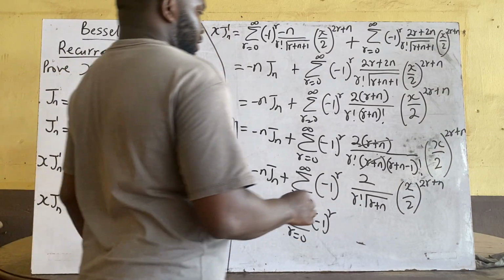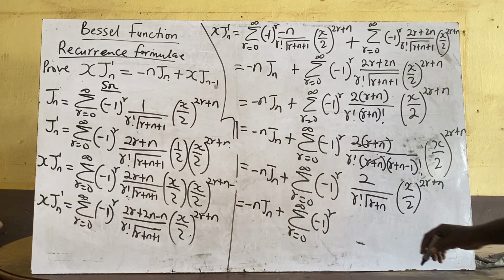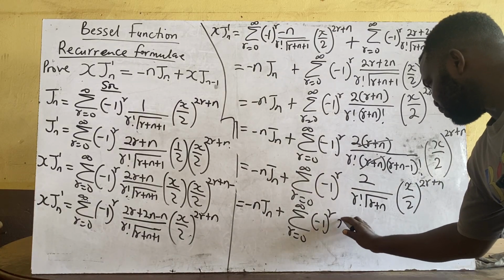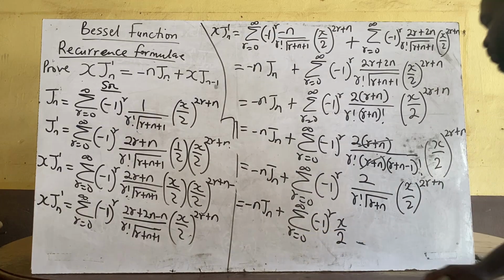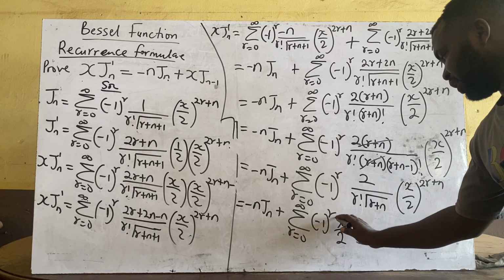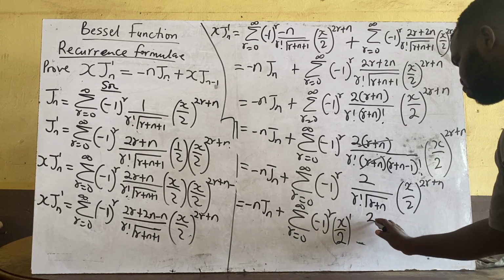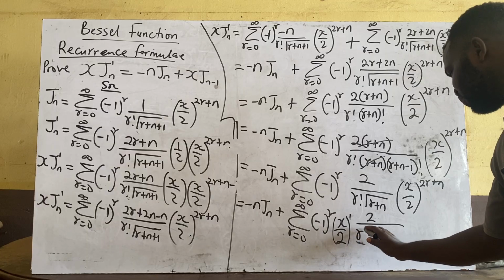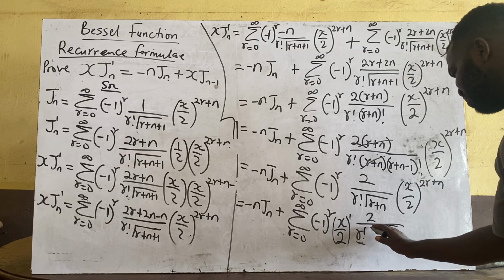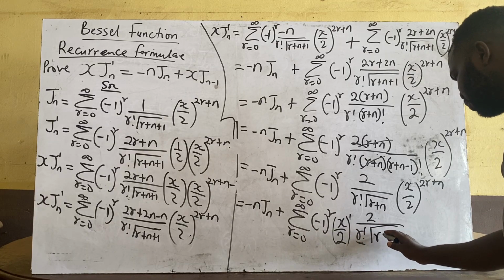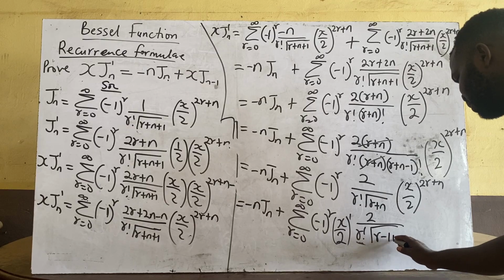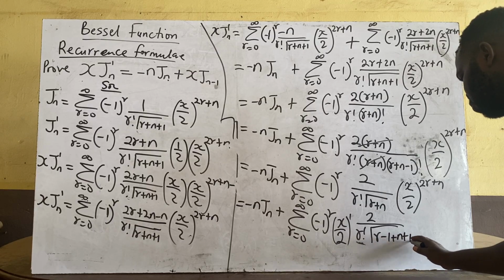Then let me do something here. I want to bring out x over 2 raised to power 1. Then I have here 2 all over r factorial, the gamma function of r minus 1 plus n plus 1.